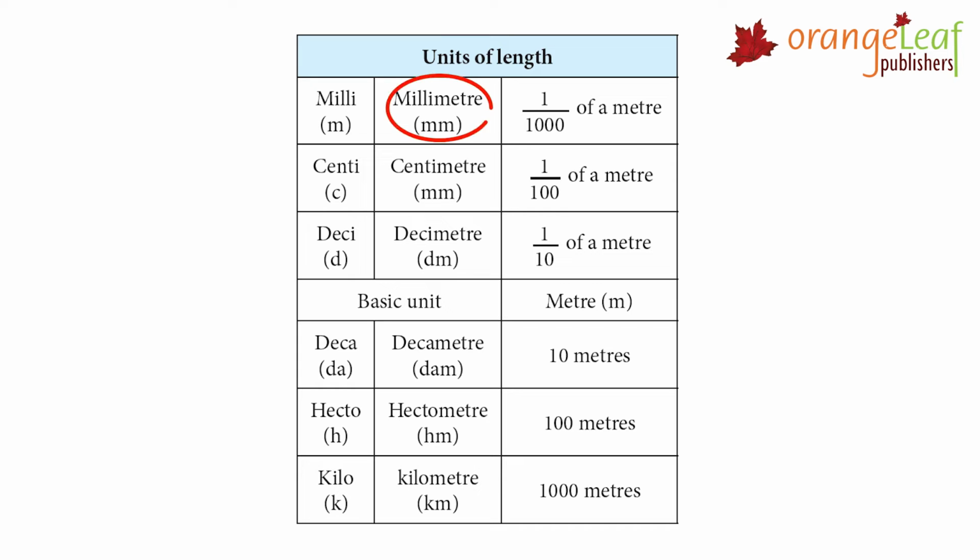So first we have the millimeter, which is 1/1000th of a meter, the centimeter, which is 1/100th of a meter, the decimeter, which is 1/10th of a meter. The basic unit of length is meters. Decameter is 10 meters. Hectometer is 100 meters. And a kilometer is 1000 meters.